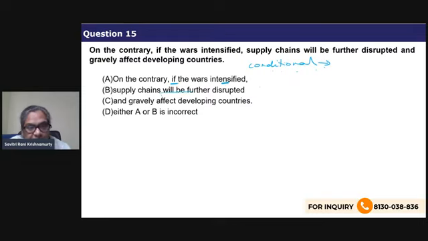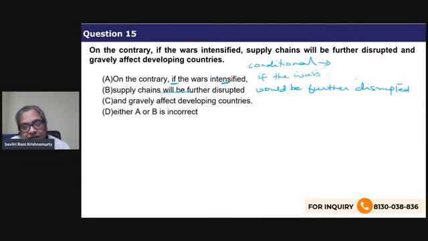So what will B be? Would be further disrupted. Now you can turn around and say, ma'am, but if I change this, then this will be correct. That also is correct. So if I say, if the wars intensify, then what will happen? Supply chains will be further disrupted. So what's the correct answer?